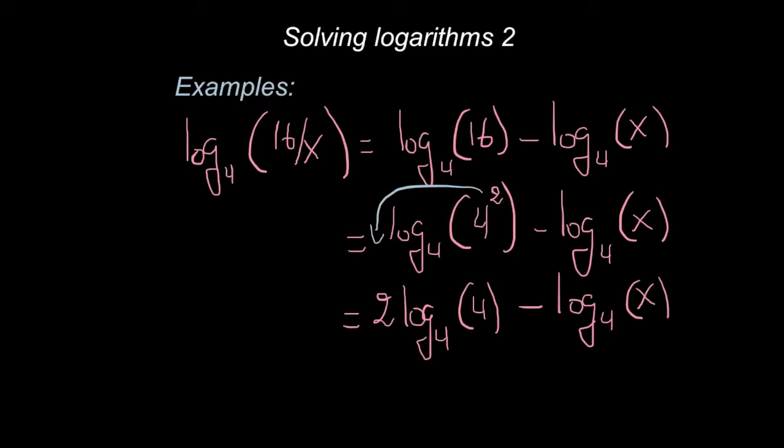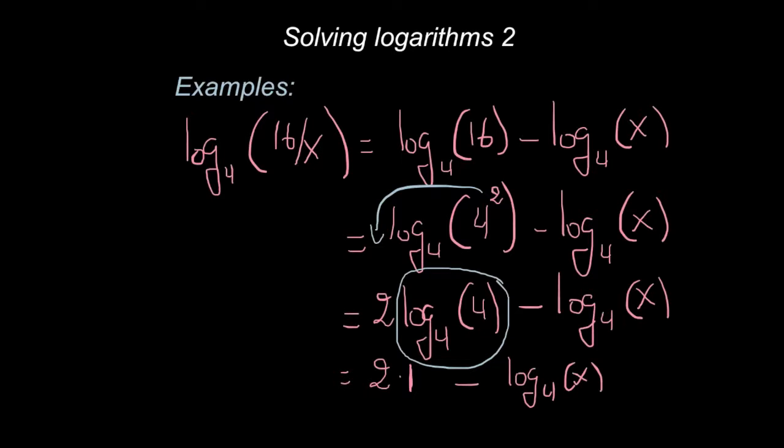Now, there is another property that says log base a of a is always 1. So this whole thing here, which is log base 4 of 4, will be just 1. So I can rewrite that as 2 times 1 minus log base 4 of x.